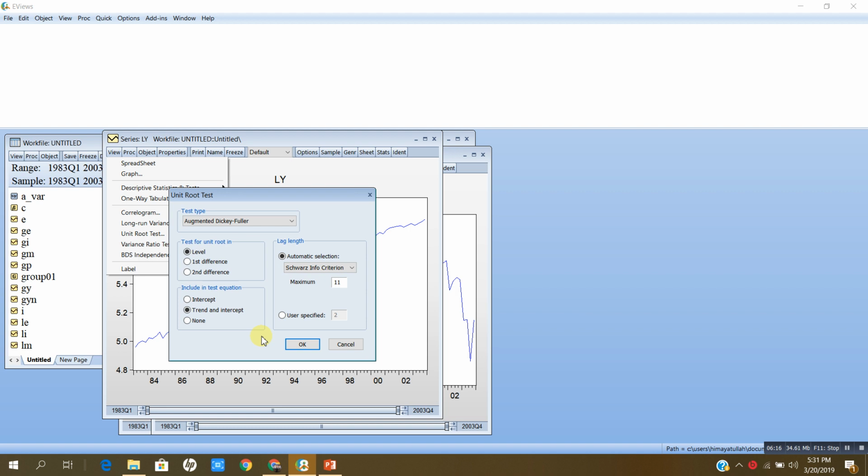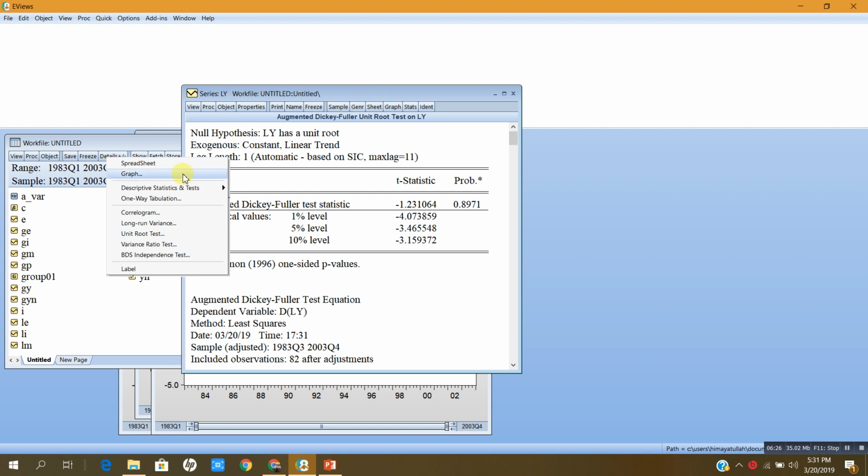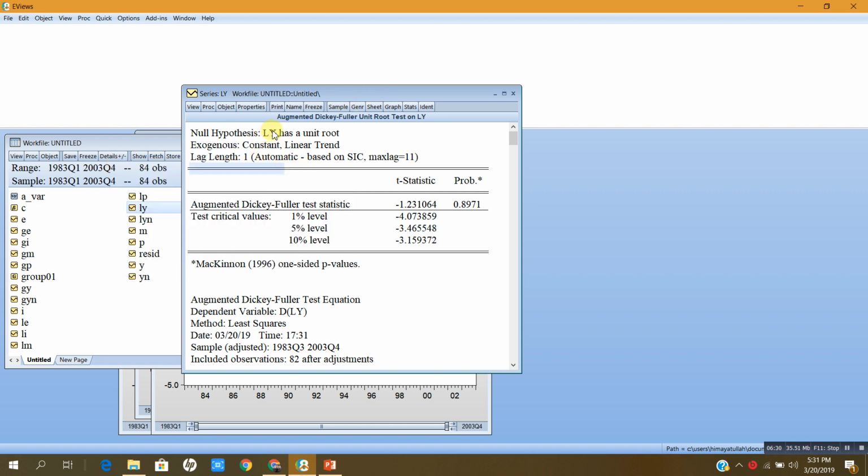The null hypothesis is that the log of real GDP has a unit root, and its probability is 0.89. So we fail to reject this null hypothesis. So it means that the log of Y is not stationary at 0 or at level.